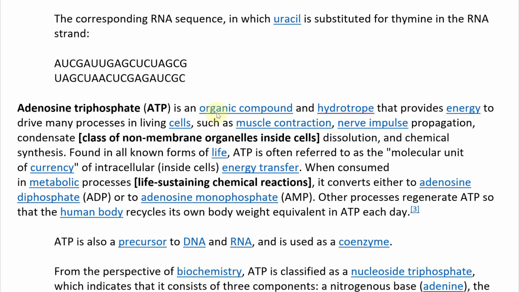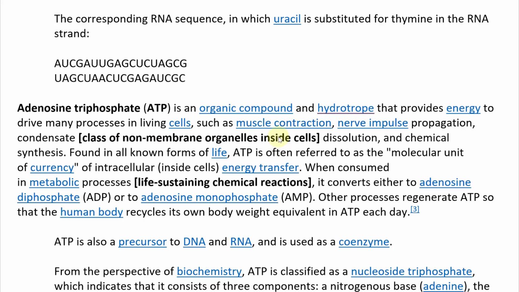It is an organic compound and hydrotrope that provides energy to drive many processes in living cells, such as muscle contraction, nerve impulse propagation, condensate dissolution, and chemical synthesis. Condensate is a class of non-membrane organelles inside cells, and organelles are like the cell's organs.